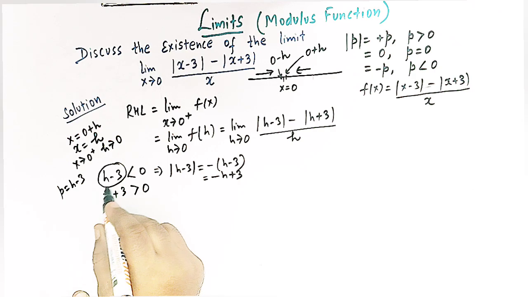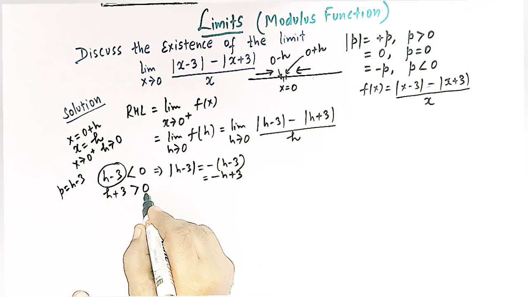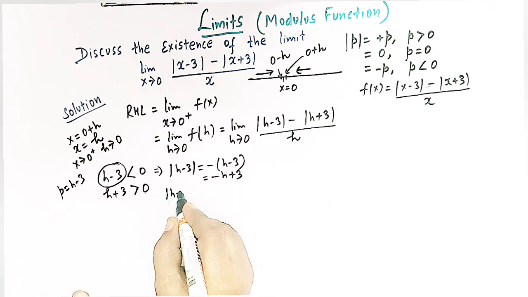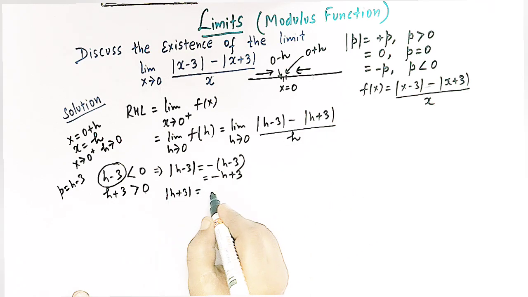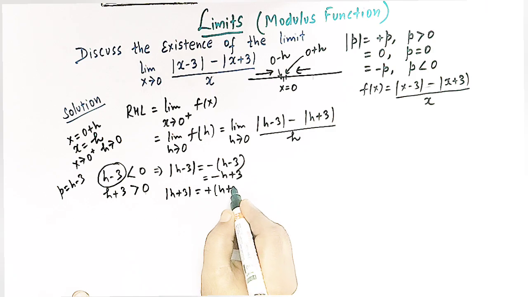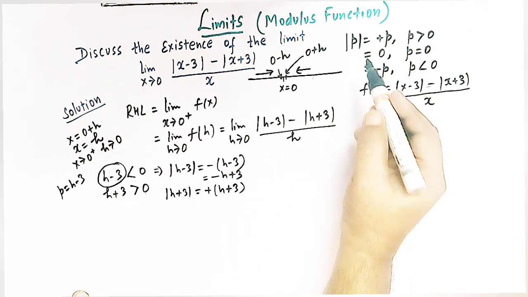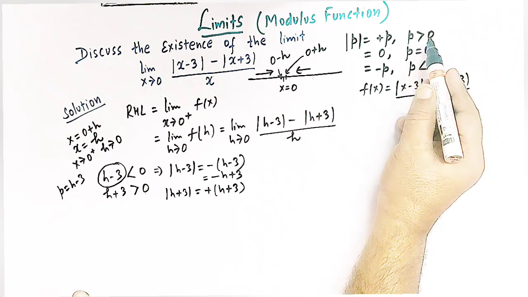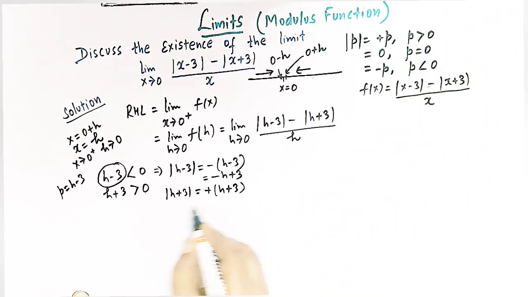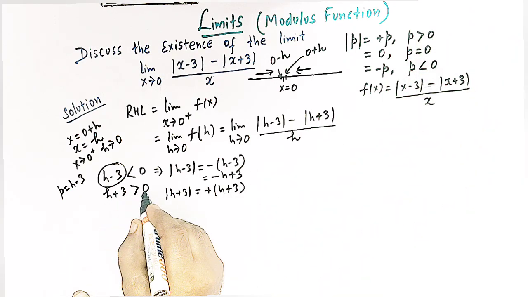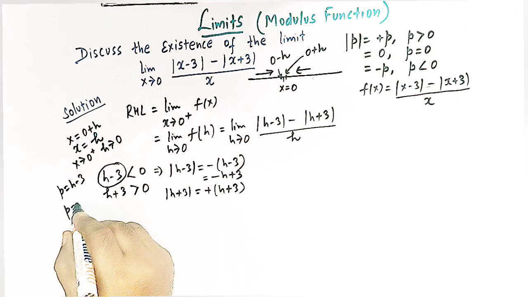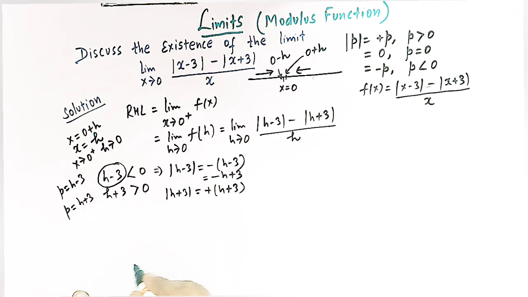And similarly here we have h plus 3 greater than 0, so mod of h plus 3 is equal to positive h plus 3, because mod of p is equal to positive p when p is greater than 0. Here we have taken p as h plus 3, right?